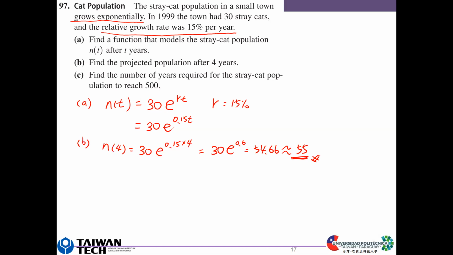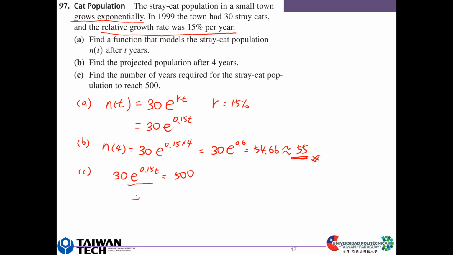Okay, so for problem C, find the number of years required for the stray cat population to reach 500. So we have this equation, 30 times e to the power of 0.15t equals 500. If there's an exponential function in the equation, it means we need to apply a natural log to both sides.